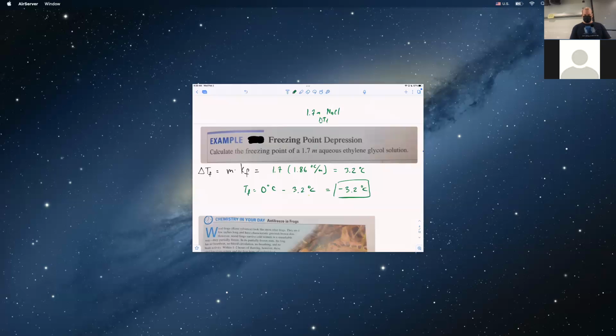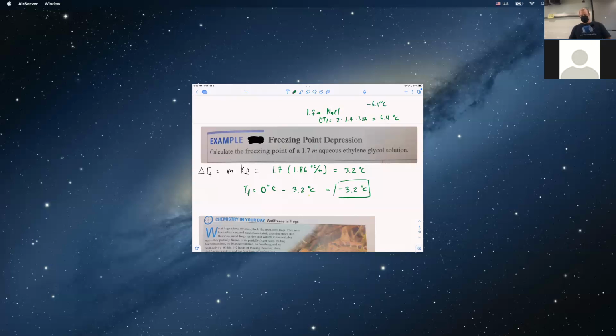The delta TF is going to be 2, because there are 2 particles, times 1.7 times 1.86, which is going to be 6.4 degrees Celsius. So a 1.7 molal sodium chloride solution is going to have a freezing point of minus 6.4 degrees Celsius.